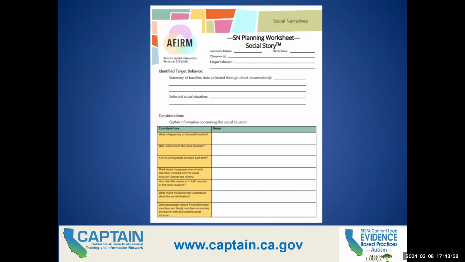Is it the same people every time, or different people? What's going on with the social nuances in the situation? How does our learner respond? What is the learner missing in that response? What are other team members telling us? This is going to help us build that social story.